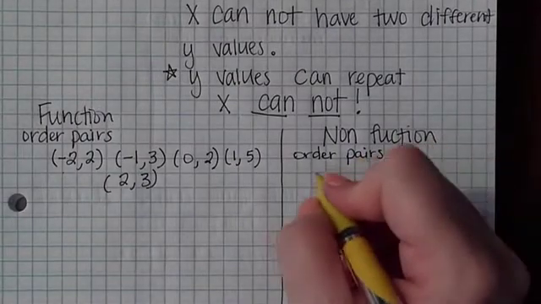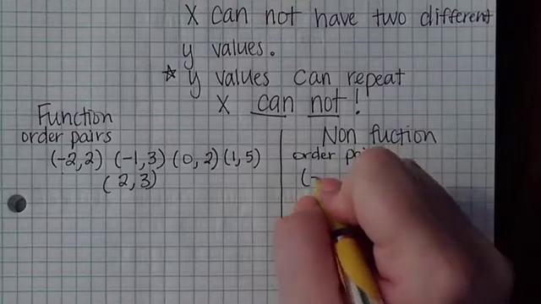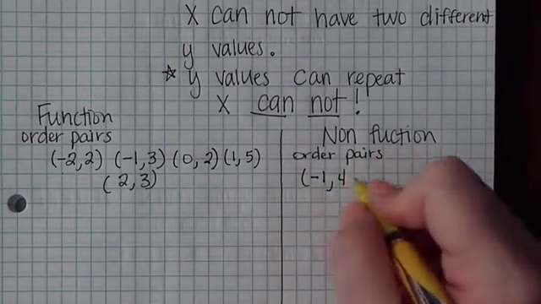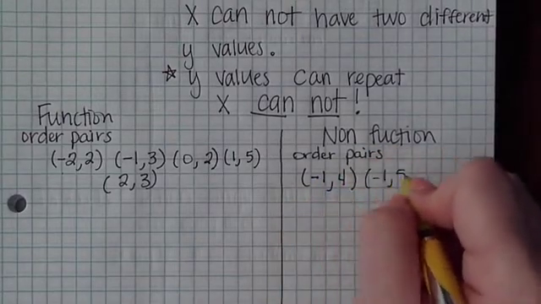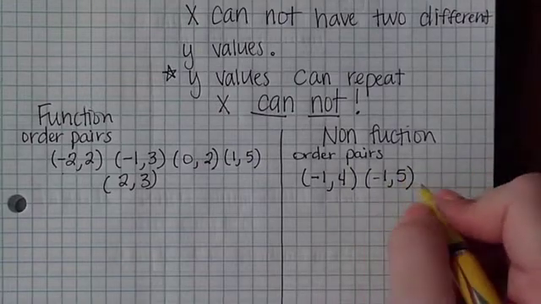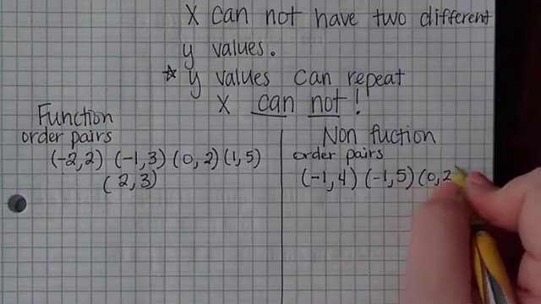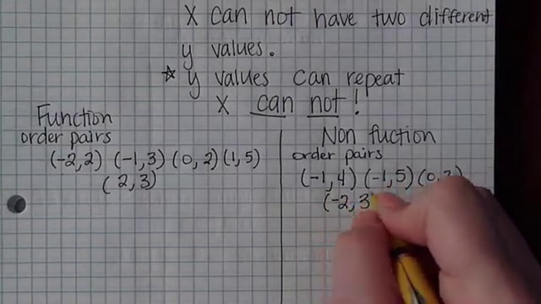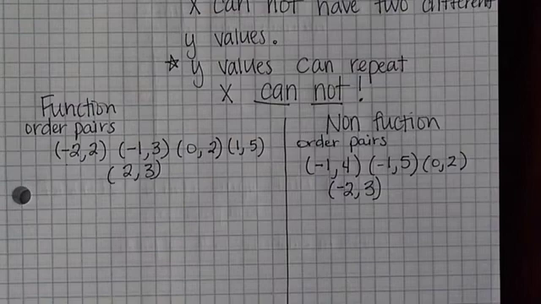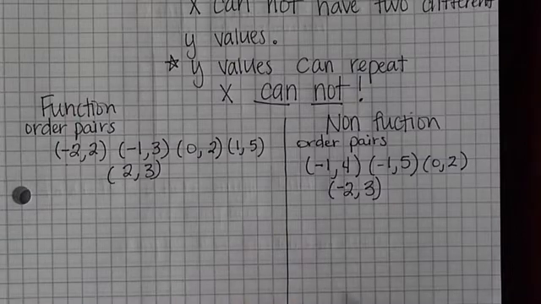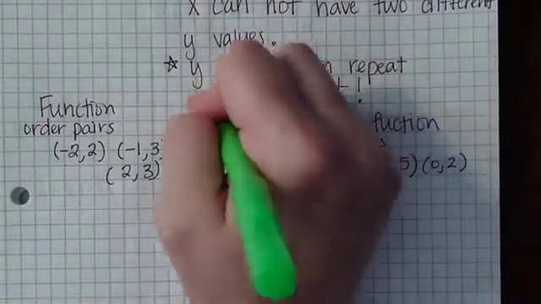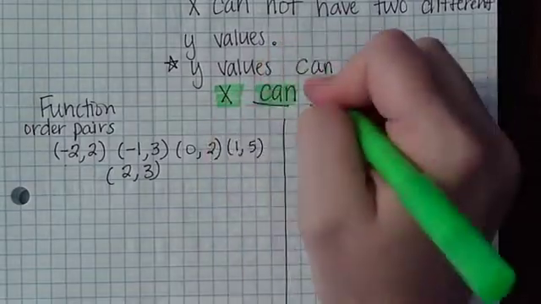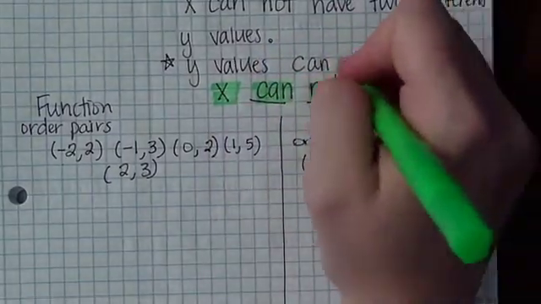So then the non-example I could use is -1, 4, -1, 5, 0, 2, -2, 3. Okay, so the thing that you are looking for every single time when you're doing these is that X values cannot repeat.